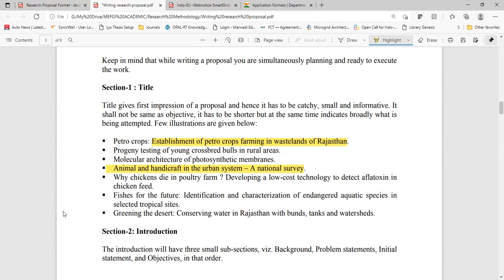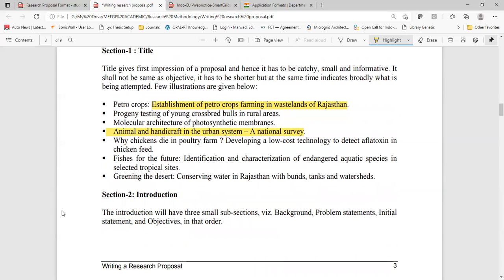Cow and buffalo, they are assets. And by the way, cows of this region are considered very popular. Okay, they are very popular in this country. So then your survey will ultimately help your country.